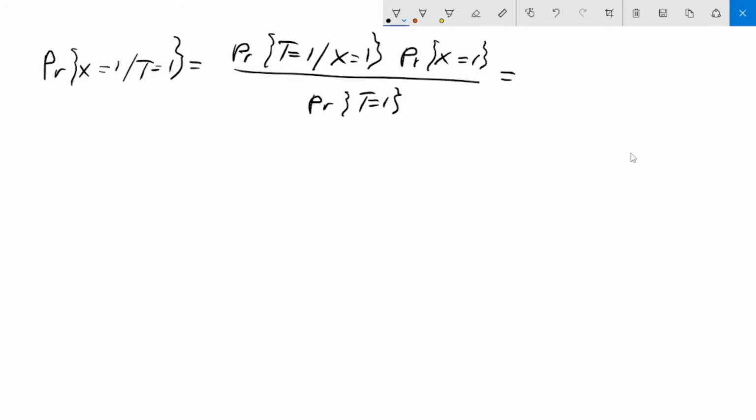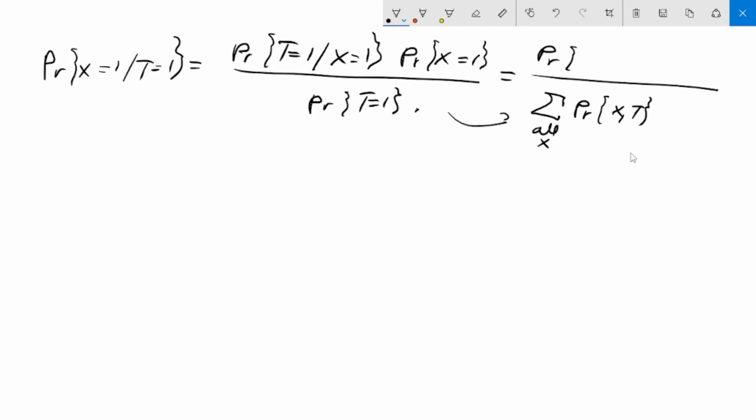By applying probability rules like marginalization, we can decompose this denominator into the sum over all x values of the probability of x given t, and we keep the denominator the same expression.